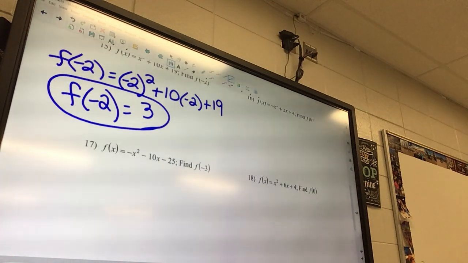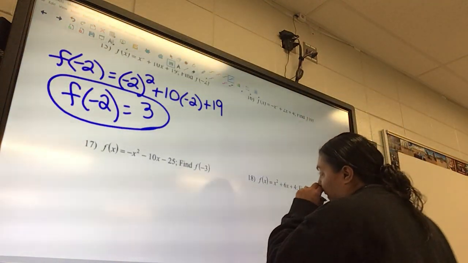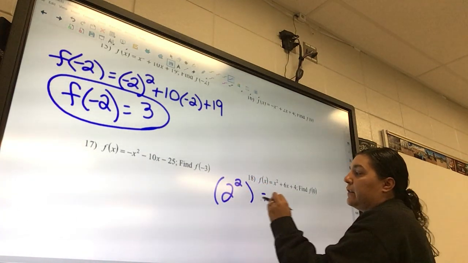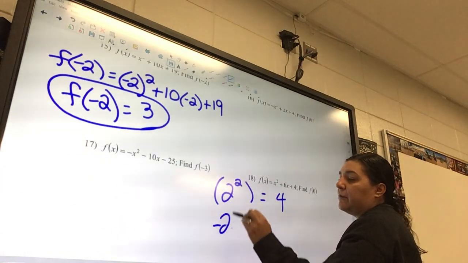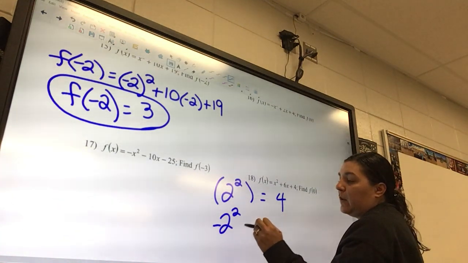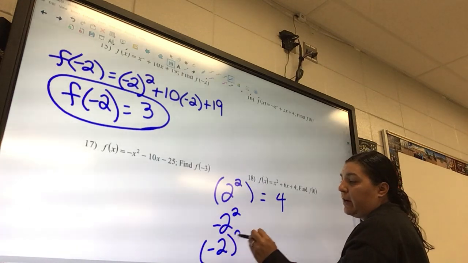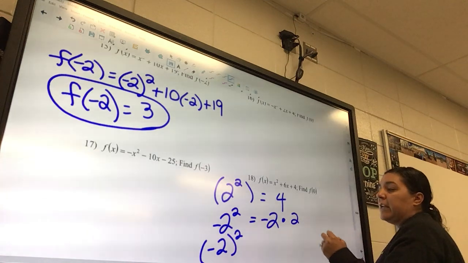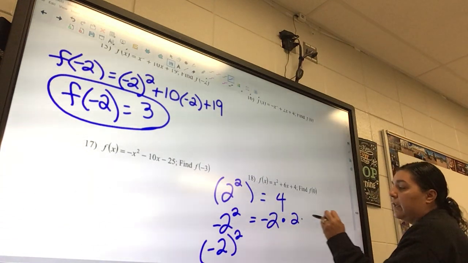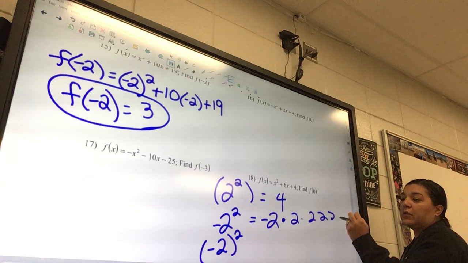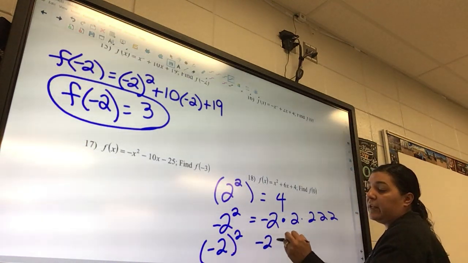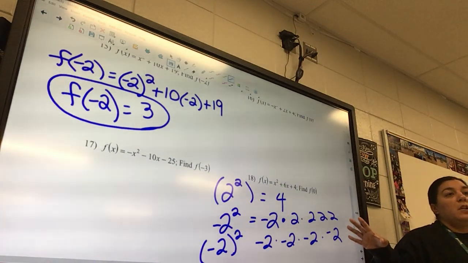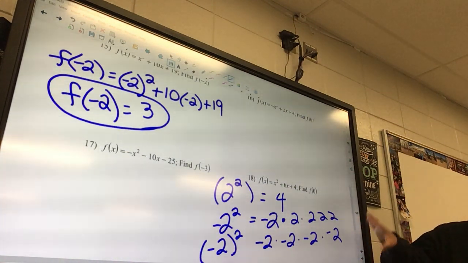If you do 2 squared on the inside of the parentheses, you're going to get 4. If you do -2 squared without the parentheses, this only makes the first one negative, and then all the other ones afterwards positive. With this, it makes the first one and every single one after that negative. So that's what I'm saying, the calculator doesn't know, so it has to be on the outside.